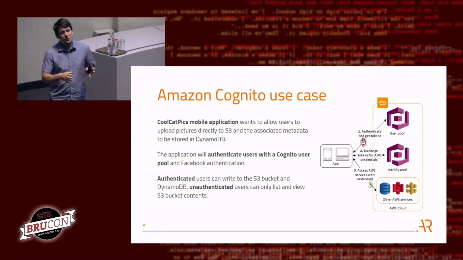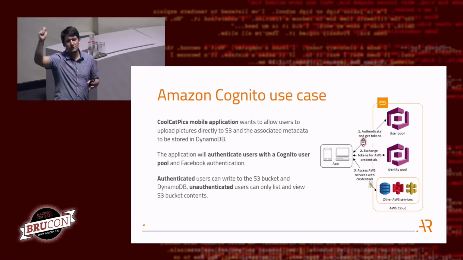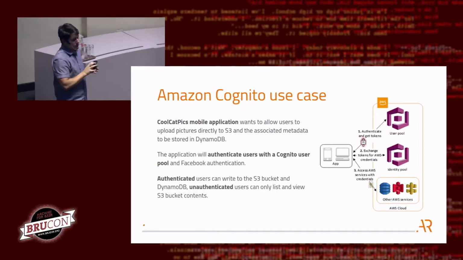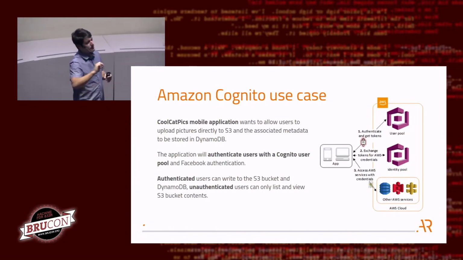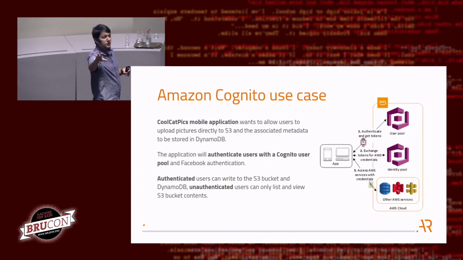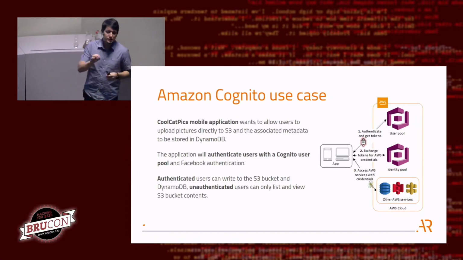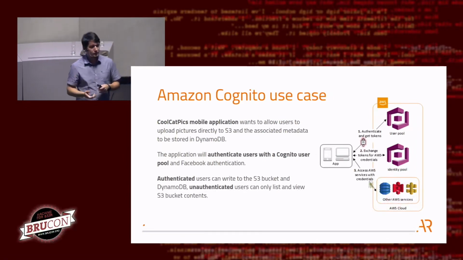Authenticated users can upload images of their cats to S3 directly. And authenticated users can also set a title for that image, the image that they just uploaded. That title is going to be stored in a DynamoDB table.